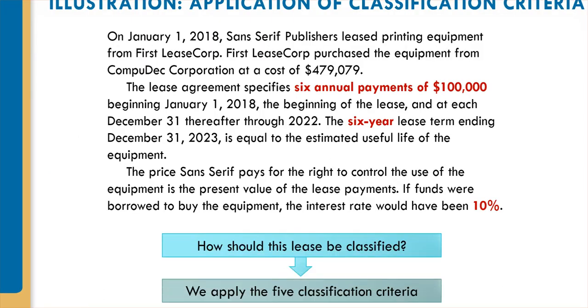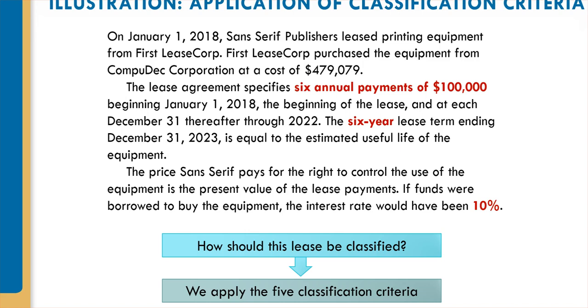This is a problem here where we ask you to determine whether it meets the criteria. One of the first things you need to do is to say who's the lessor and who's the lessee. Sans serif is the one who is leasing. They are the lessee. And first lease is the lessor.